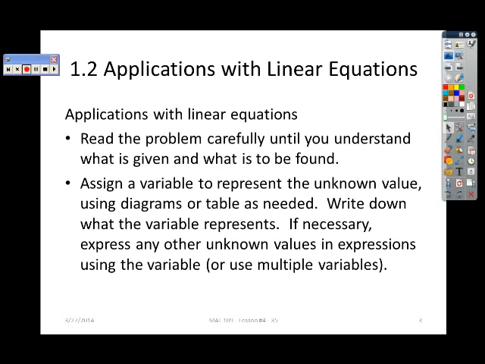And frequently, multiple variables are the easier way to go than a single variable with multiple relationships. In many problems, as the ones we're doing today particularly, using a table to help you organize all that is a very useful concept. So we're going to look at using tables to do some specific types of problems. And I found it very helpful to be able to set the problem up using these tables.